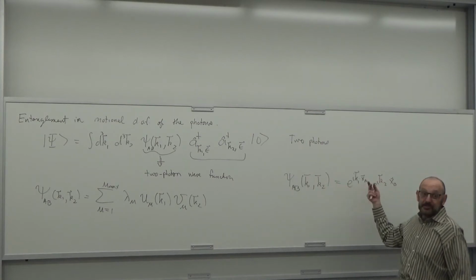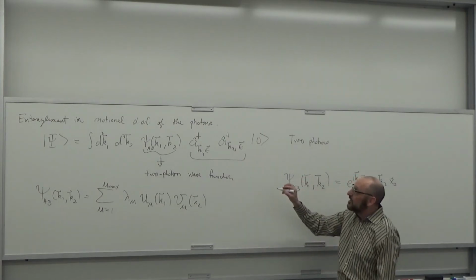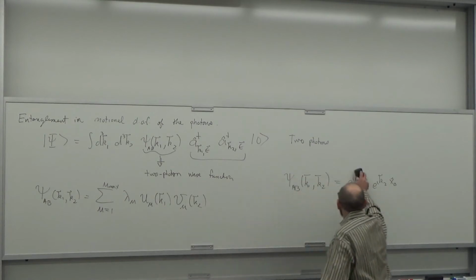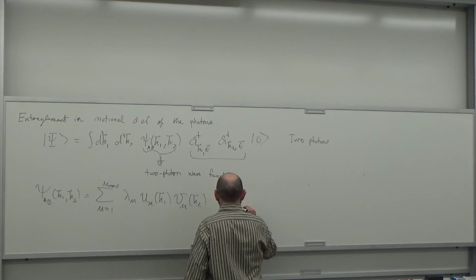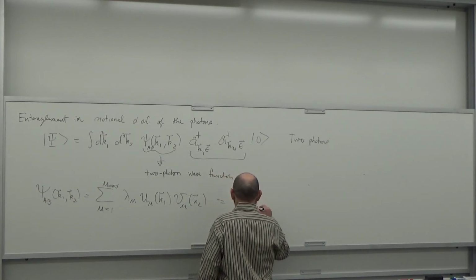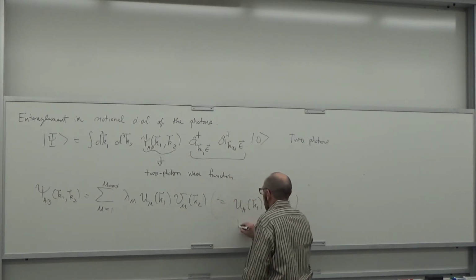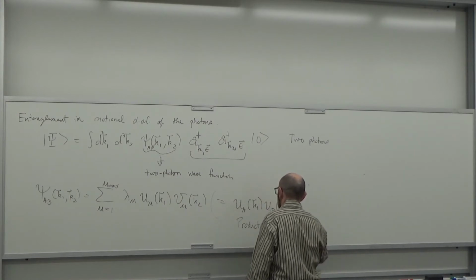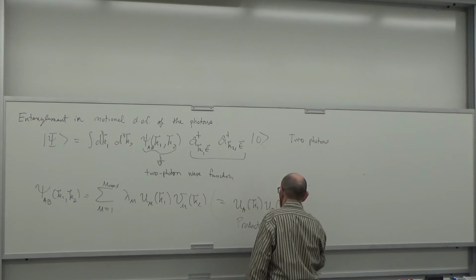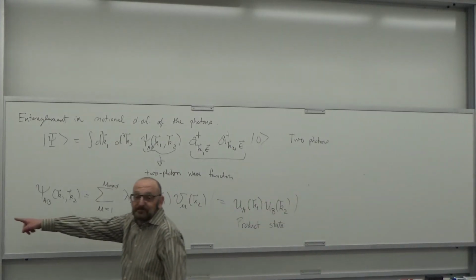Now, the symmetrization: once I put it into first quantized form, I'd have to symmetrize the wave function. But if this thing were equal to that, that's a product state. So that's the situation here, basically.